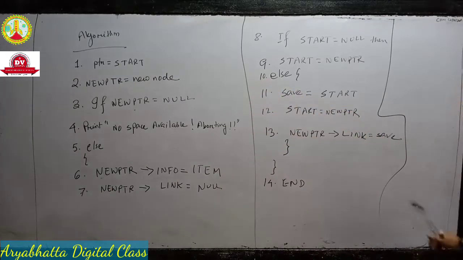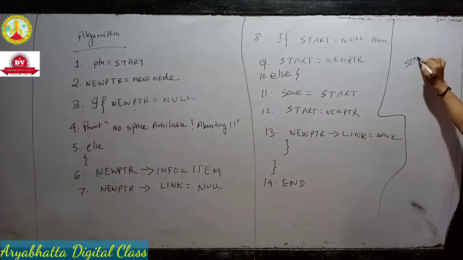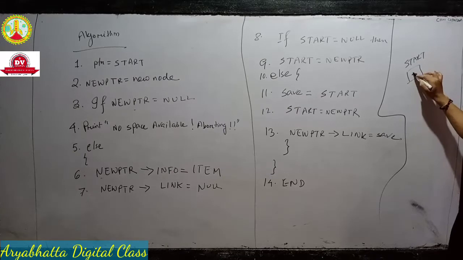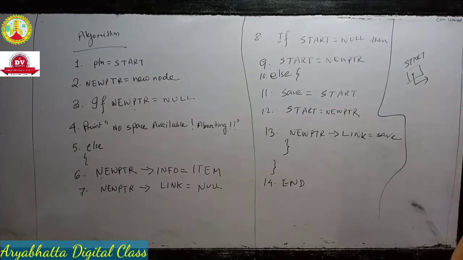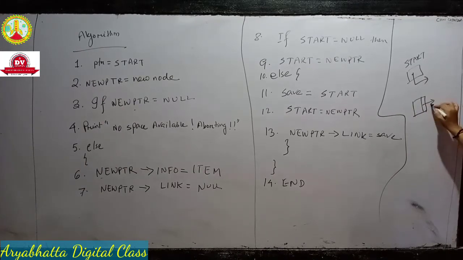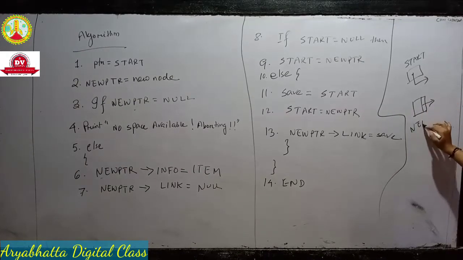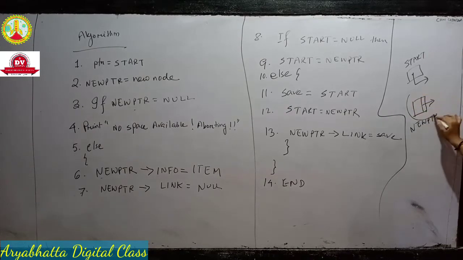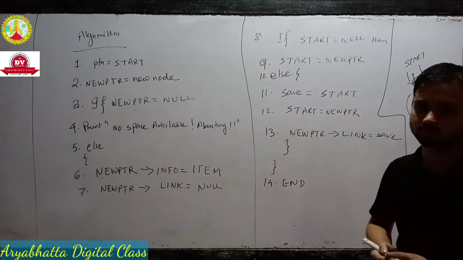ptr is equal to start means we point to the start pointer, right? And we define a new node as new ptr. If new ptr is equal to null, that means there is no space.